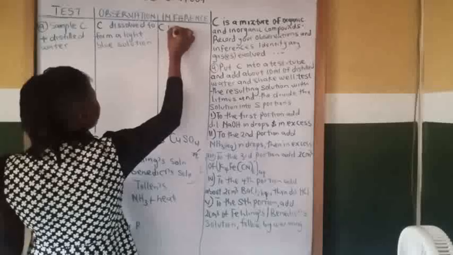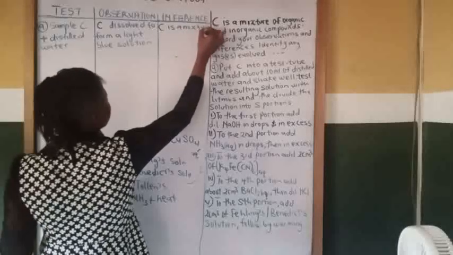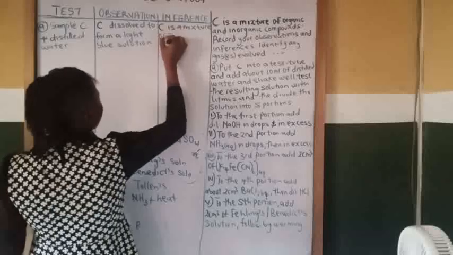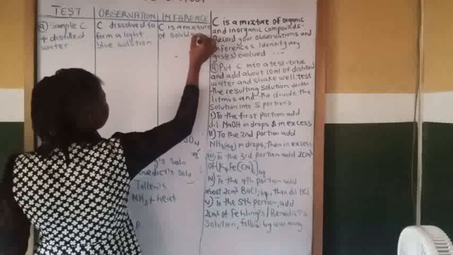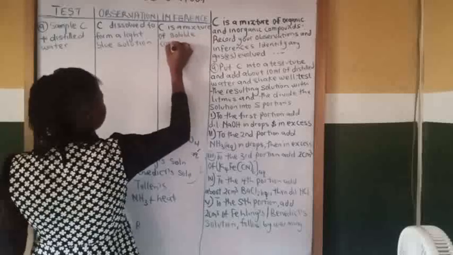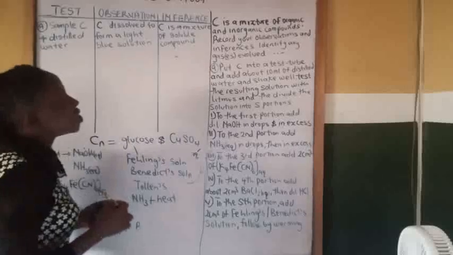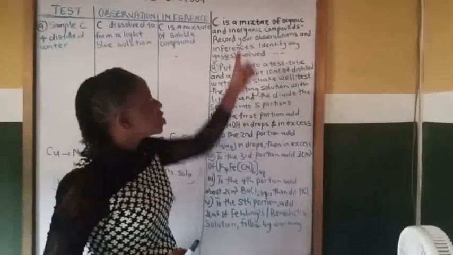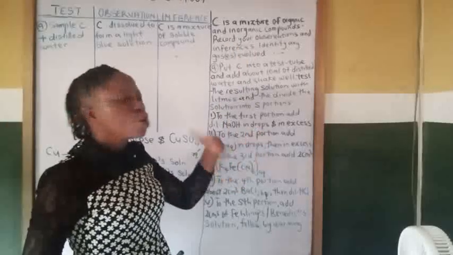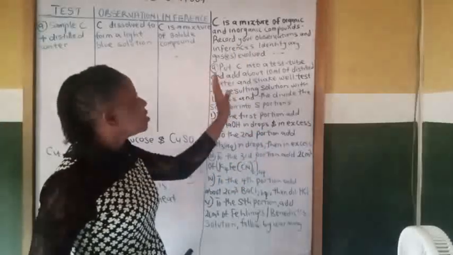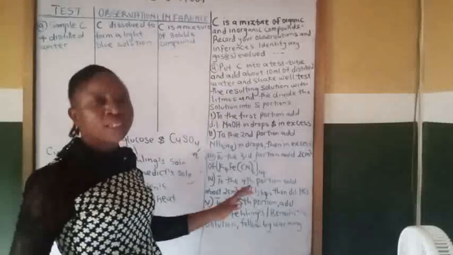C is a mixture of soluble compound. But if it is not stated in your question that C is a mixture, maybe your question says that C is a mixture of two compounds.